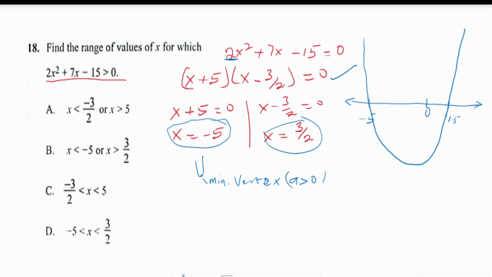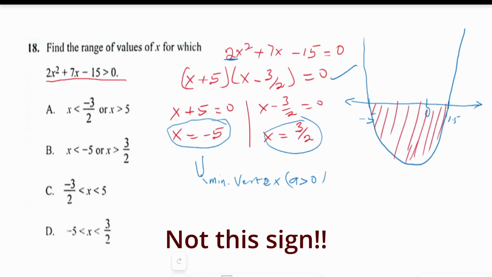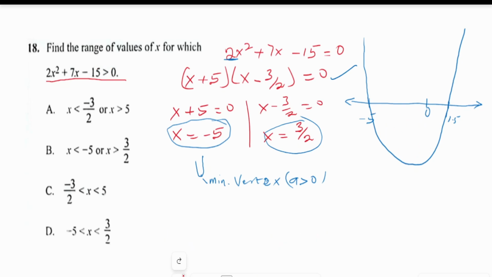Then after knowing the nature of the curve, we need to know which area we are going to shade. There are two regions, either the area below the number line for less than, or the area that is above the number line. Remember, we have two parts of the graph which are above the number line for greater than, and in this case we are using the area above the number line, which is greater than.